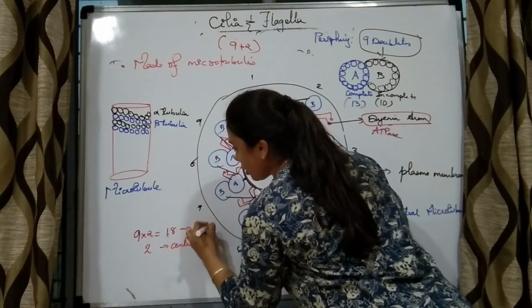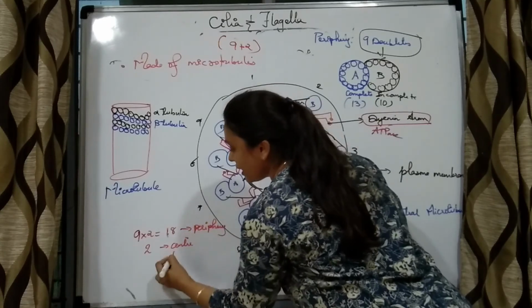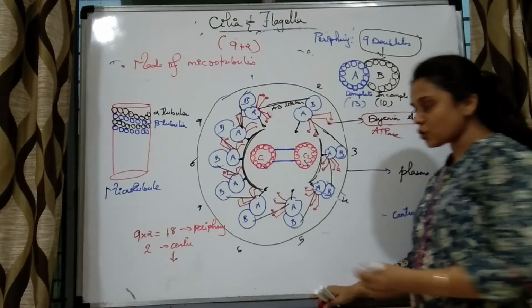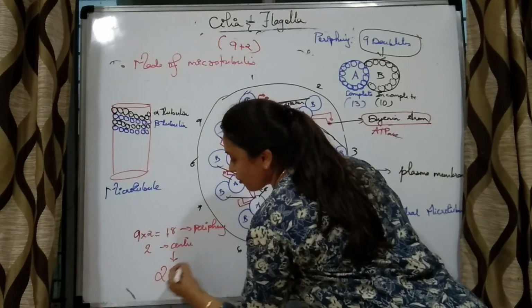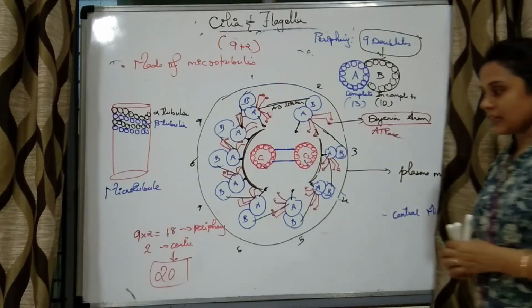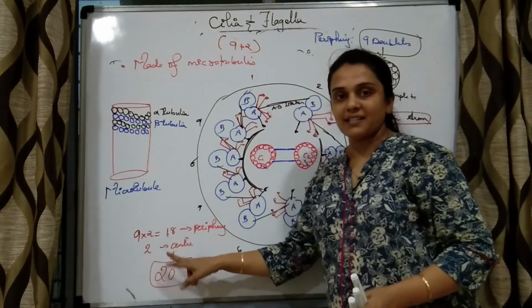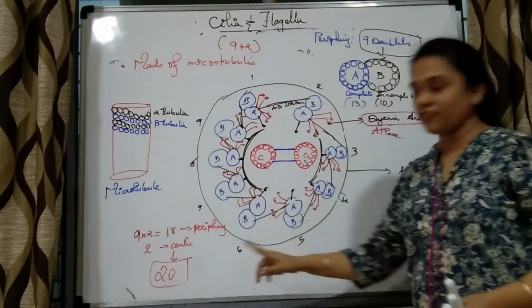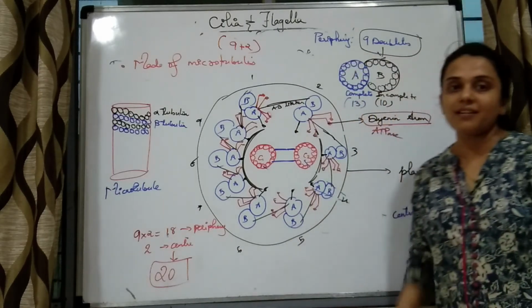So if the question is asked how many microtubules are present in total in the cilia or flagella, the answer should be 20. 9 doublets, so 18 in the periphery and 2 in the center.